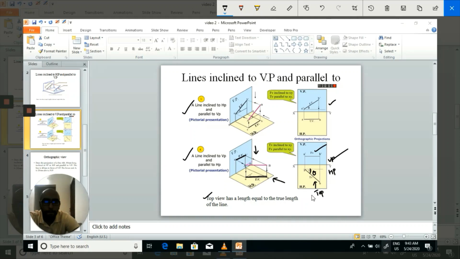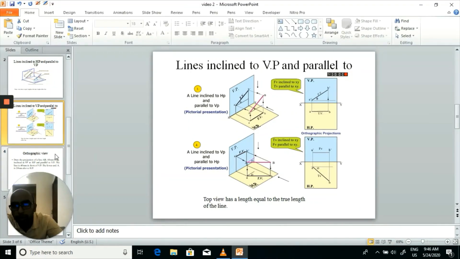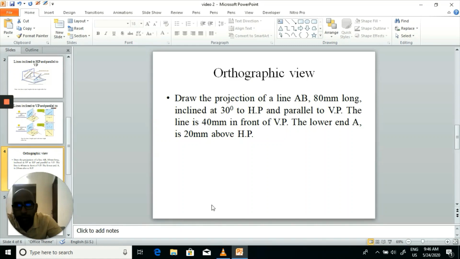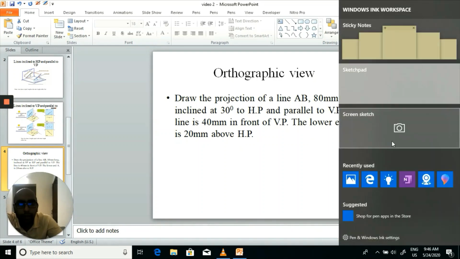Now let's solve a problem. So this is the problem. Read the question carefully. We have to draw the projection of a line AB.